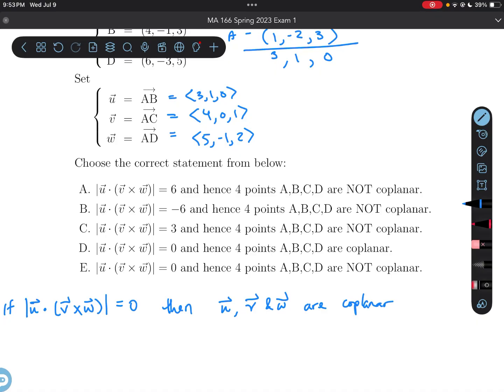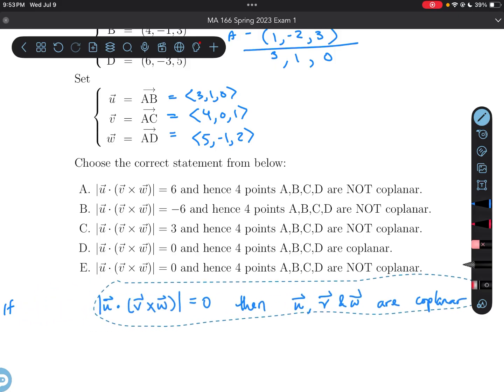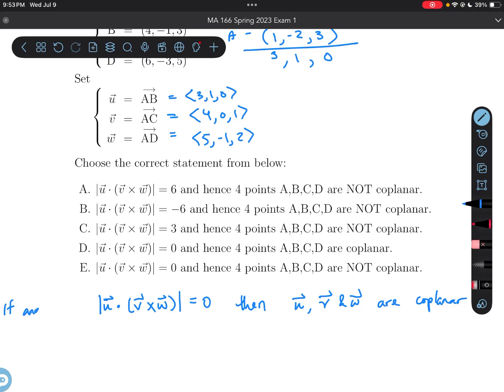All we have to do now is calculate the value of, I should first say, it's if and only if. So, okay, if the value of this expression is 0, then the three vectors are coplanar. If it's not 0, then the three vectors are not coplanar. Okay.